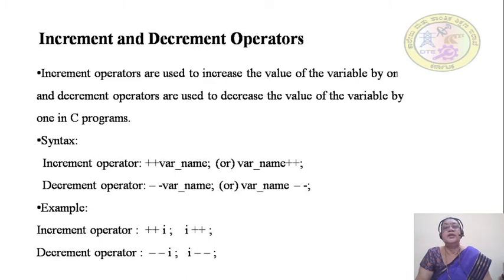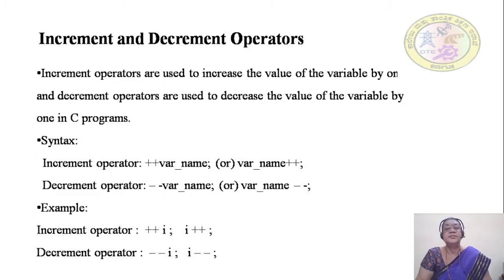We have already learnt about increment and decrement operators. Let us study again. Increment operators are used to increment the value of the variable by 1, and decrement operators are used to decrease the value of the variable by 1.